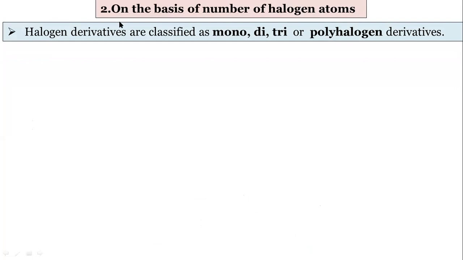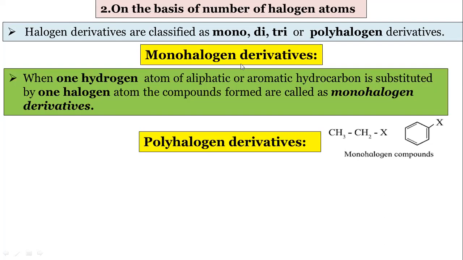The second type of classification is on the basis of the number of halogen atoms. On the basis of halogen atoms, halogen derivatives are classified as monohalogen derivatives, dihalogen derivatives, trihalogen derivatives, or polyhalogen derivatives. Now, I will explain what is meant by monohalogen derivatives.